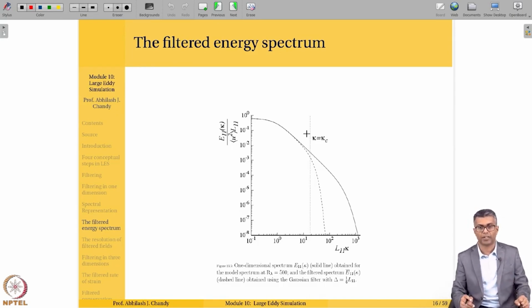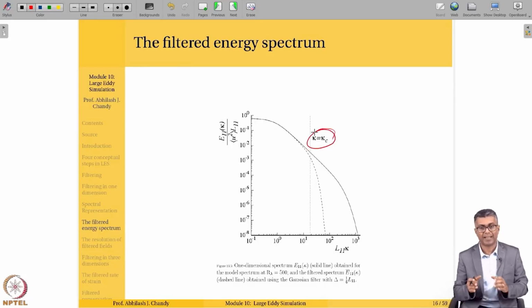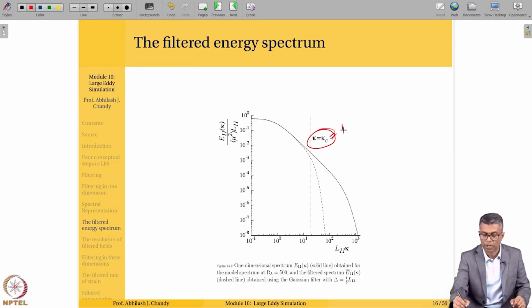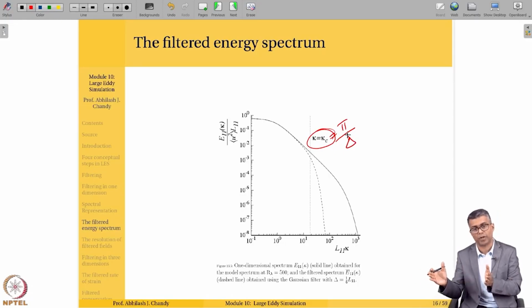There's a vertical dotted line shown here representing kappa is equal to kappa c. That means everything beyond kappa c is removed. Kappa c corresponds to your filter width, pi over delta. So above kappa c, we are removing all those high frequency components.